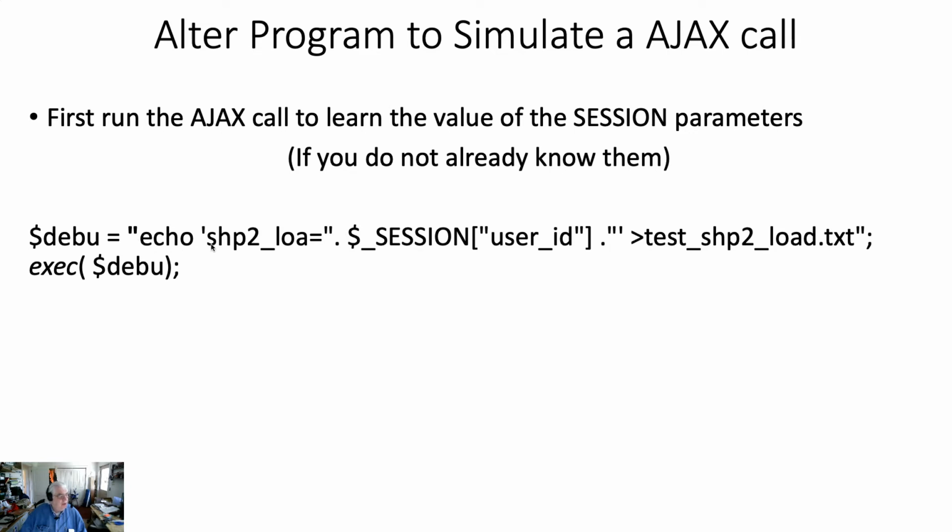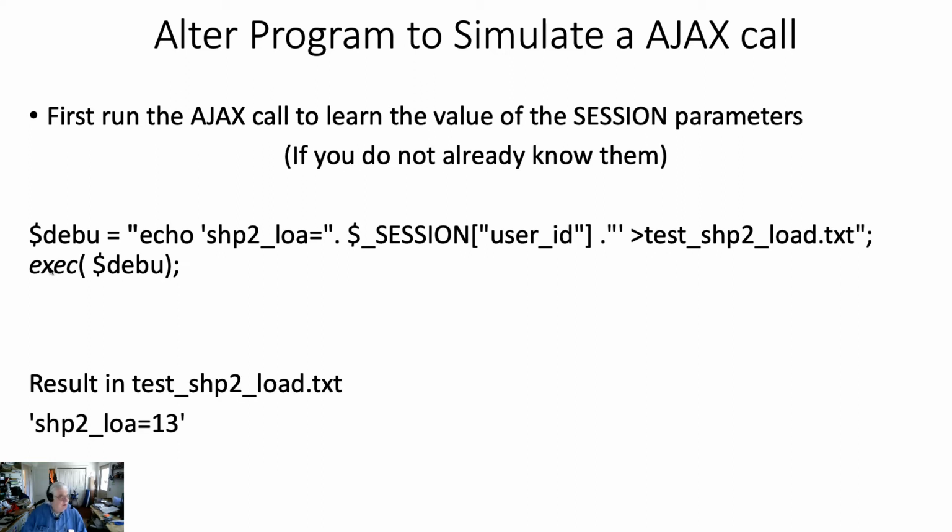We're going to echo this string, equal to concatenating the session user ID, then redirect it into a text file, and then execute it. So if we do that, we find out by looking at the output file that ship2load's user ID is equal to 13.